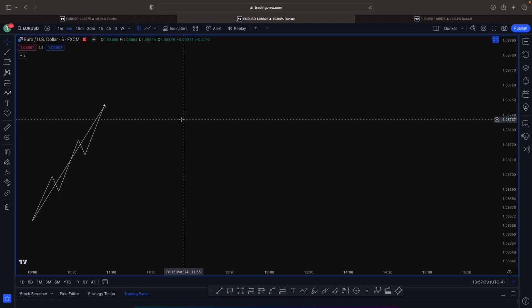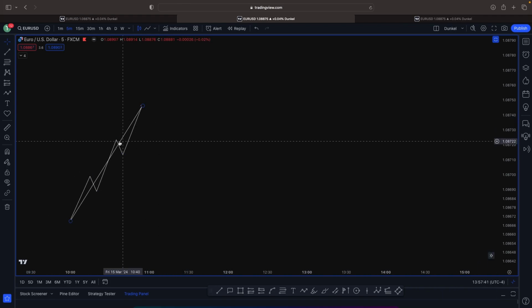And if we then drop down to another lower time frame, every one of these impulses and retracements can be divided into an impulse and a retracement. And in theory, you can repeat this over and over again because every impulse, again, has its own internal structure.